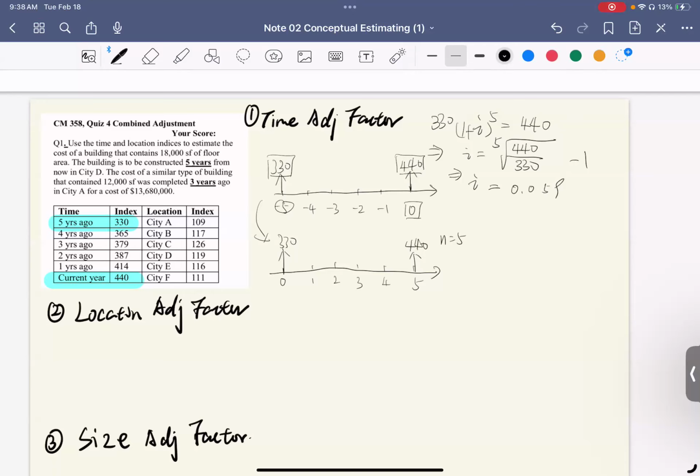So we convert it to here is your present, here is your future. We are finding I. You are using F equals P(1 plus I) to the n here. You don't know this I yet, so our first step is to find I.